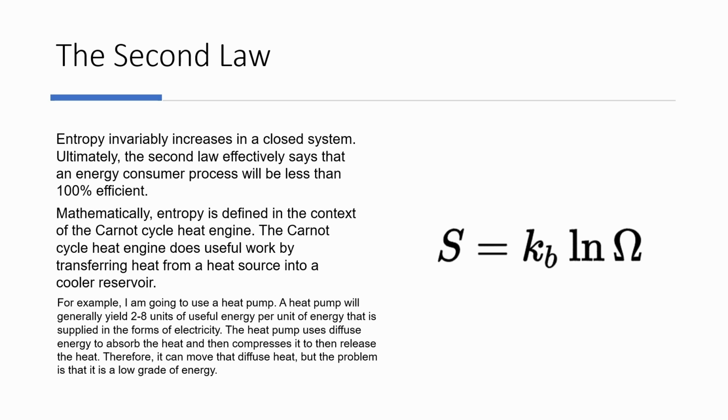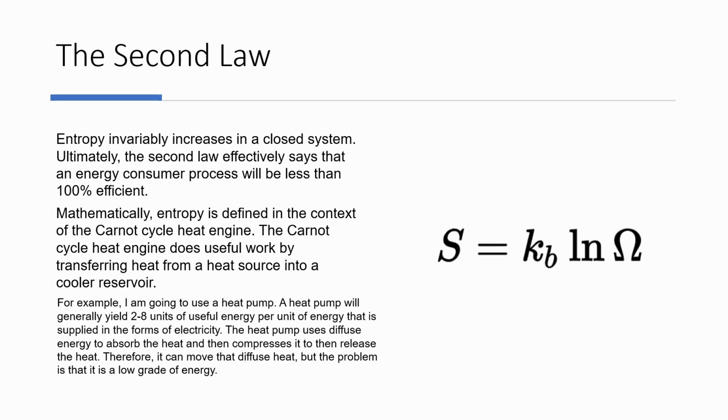That equation is shown to the right here, where S is entropy, and it equals k_B times the natural log of omega. So an example I'm going to use is a heat pump. A heat pump will generally yield 2 to 8 units of useful energy per unit of energy that is supplied in the form of electricity.